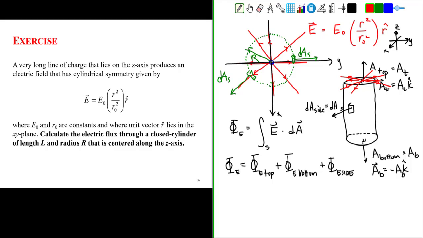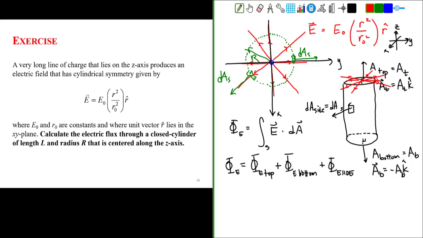Another way of saying that is the electric field is perpendicular to the area vector of the top surface. And we know previously that if the electric field is perpendicular to the area vector of the surface it crosses, then the electric flux is 0 due to the cosine of the angle.